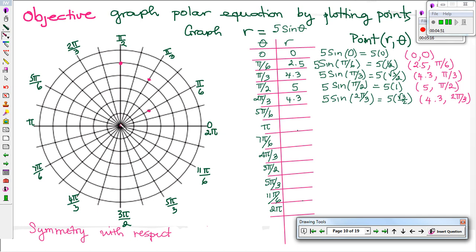At 2 pi over 3, I'm looking for 4.3, so count 1, 2, 3, 4, so 4.3. Now notice that the points at pi over 3 and at 2 pi over 3 are symmetric. So I say that it is symmetric with respect to the line theta equals pi over 2.